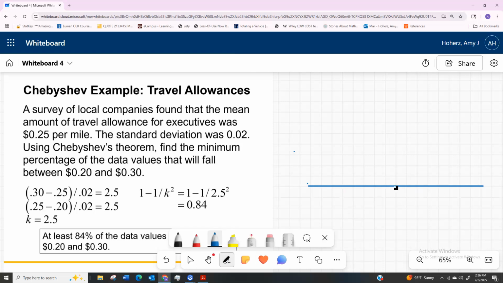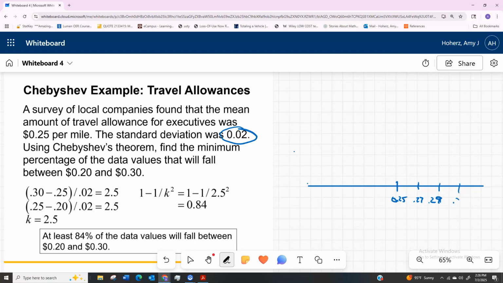Okay, so if we have our number line here, and we're going to put our 25 cents in the middle because that's our average. And then it says the standard deviation is 0.02. So our measurement distance between standard deviations is 0.02. So 25 cents, 27 cents. Next one would be 29 cents. Next one would be 31 cents, and then 33 cents.